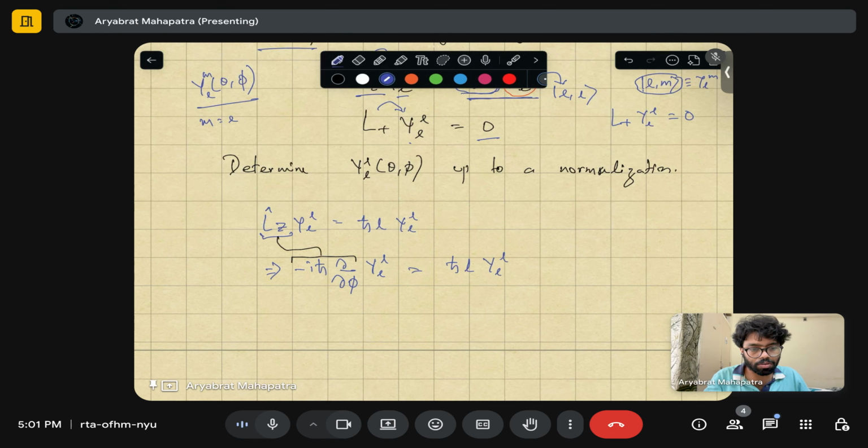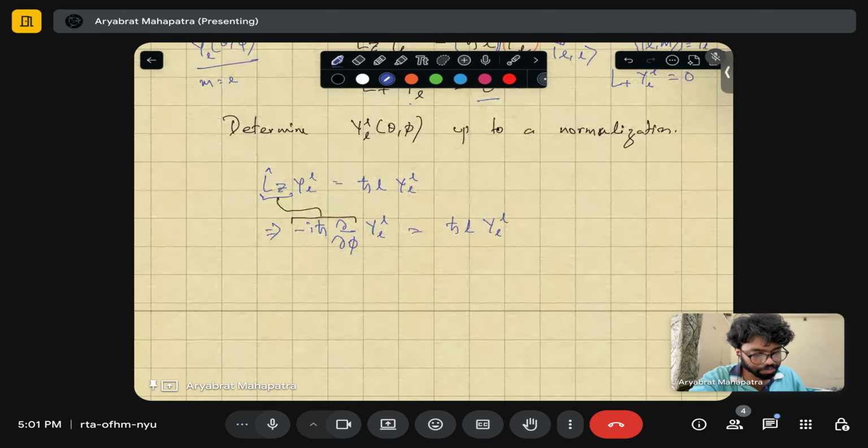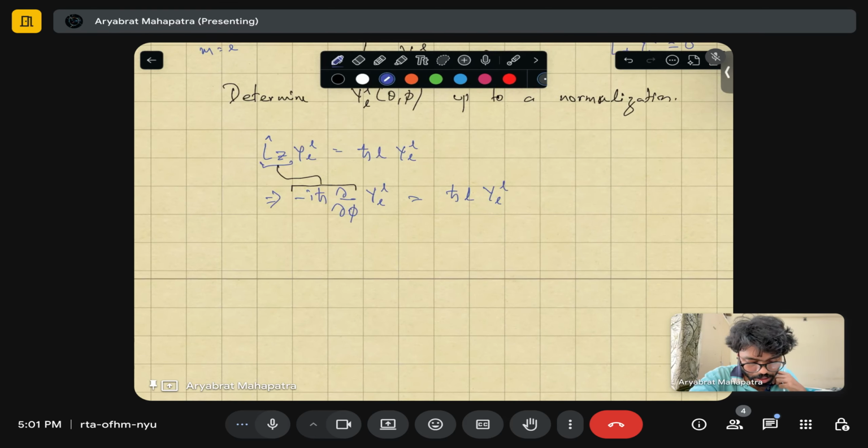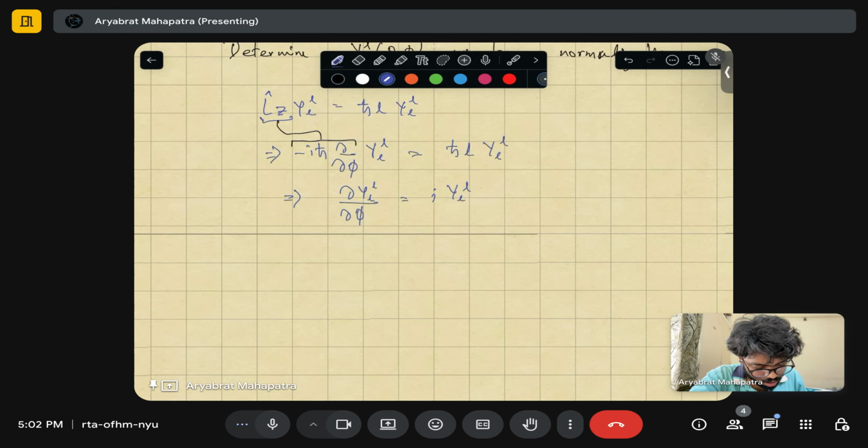So YLL is some unknown function that you have to compute. That means you have del YLL over del phi equal to I L times YLL.